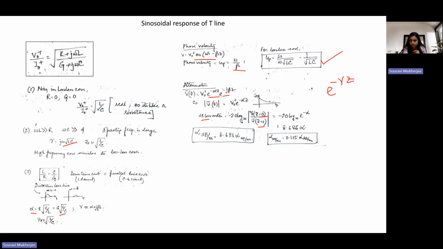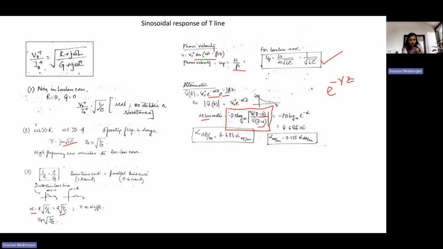Normally in questions, you are told that the potential at z equal to z naught is this much, the potential at z equal to z1 is this much, what is alpha? In that case, you just use this relation, take a ratio and then the logarithm, 20 log ratio.